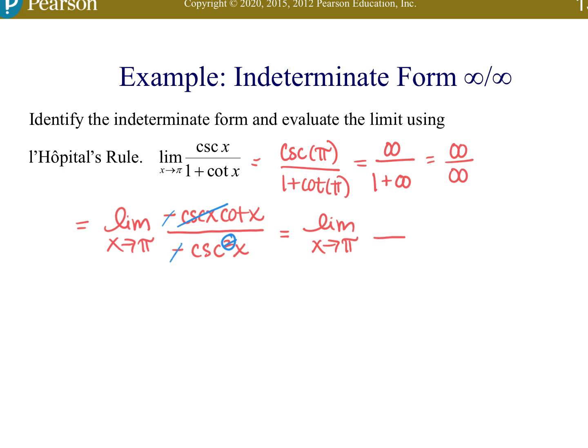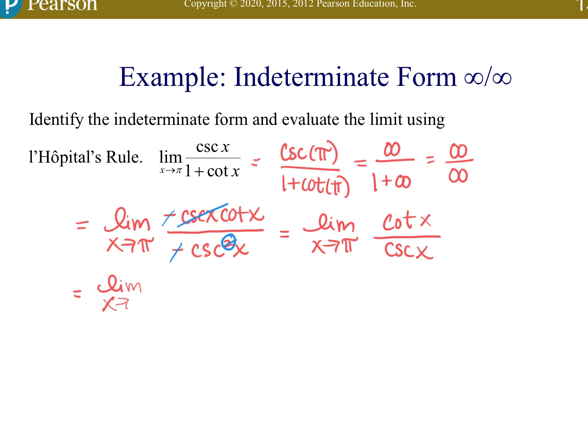So that gives me cotangent x over positive cosecant x. If I plug in pi here, I get indeterminate again, which doesn't mean that I need to keep doing L'Hopital. I need some trig simplification, because cotangent over cosecant is, yes, a quotient form, but it's got lots of quotients in it, so we should simplify that.